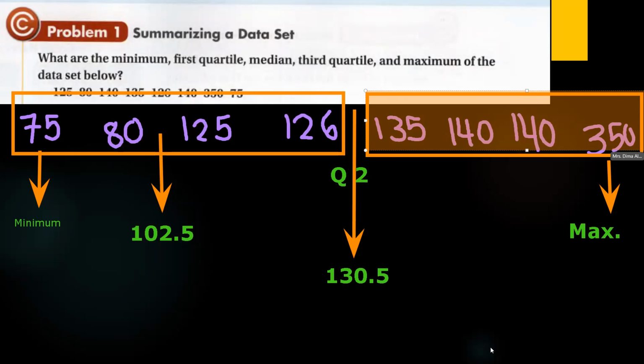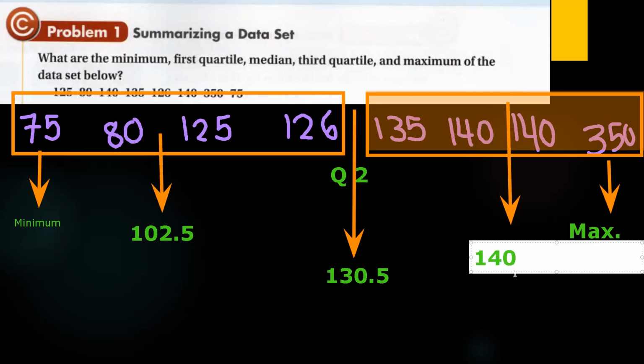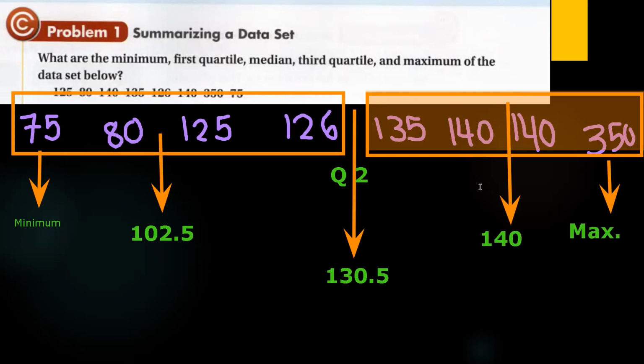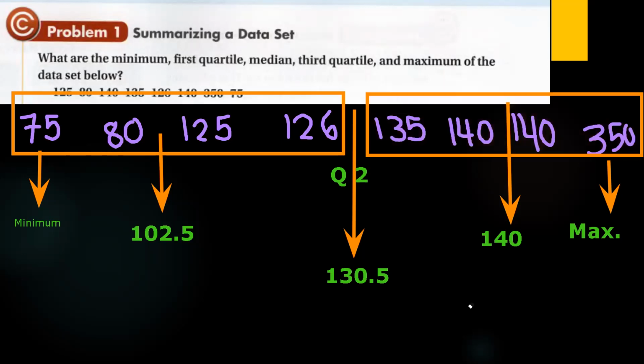So if I cut between them, 140 plus 140 divided by 2 equals 140. This is Q3. So this is now Q3 and this is now Q1.